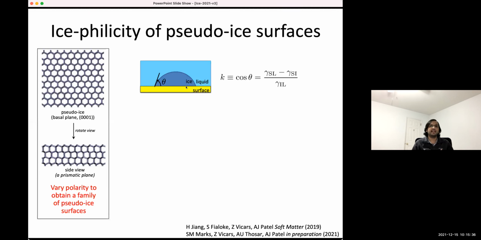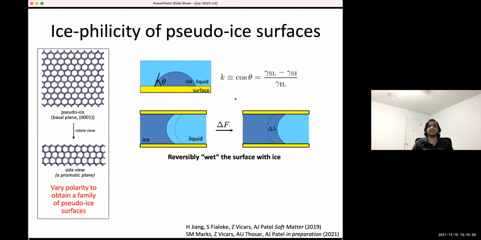So the idea behind this method is very simple. We basically take the surface that we are interested in, and we start with a configuration like this, where you have the two phases, in this case ice and water, between the two surfaces of interest. And we wet the surface with ice, meaning we move this liquid-water interface forward so that more of the surface comes in contact with ice and less of the surface is in contact with liquid water.